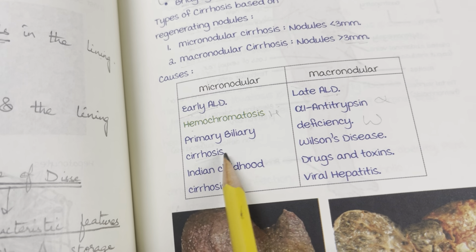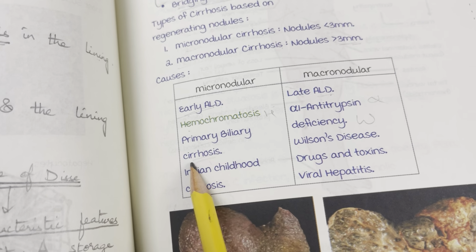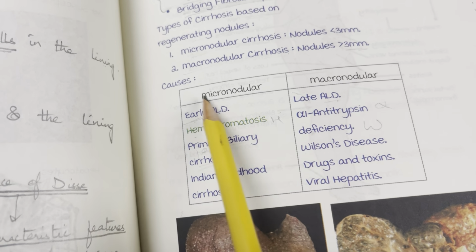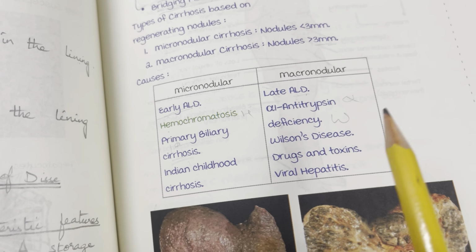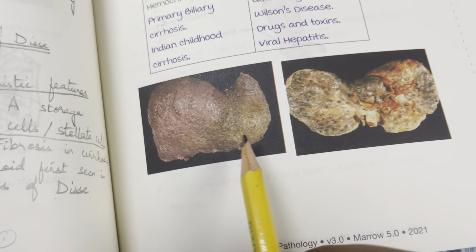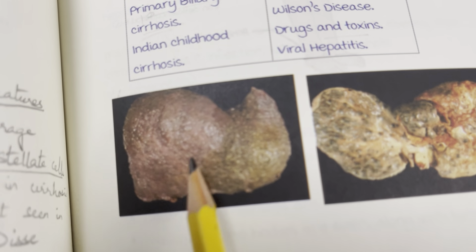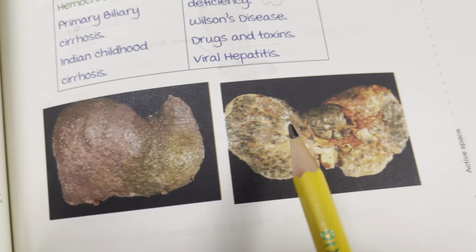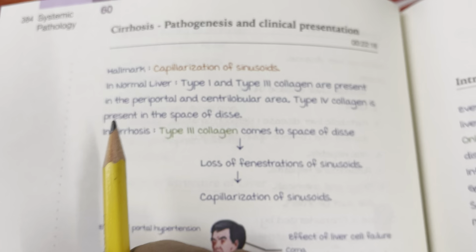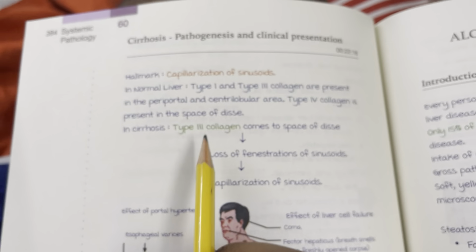Primary biliary cirrhosis and Indian childhood cirrhosis cause micronodular cirrhosis, whereas drugs and toxins and viral hepatitis cause macronodular cirrhosis. Here you can see small nodules, so this is micronodular, whereas here you can see larger nodules, so it is macronodular.